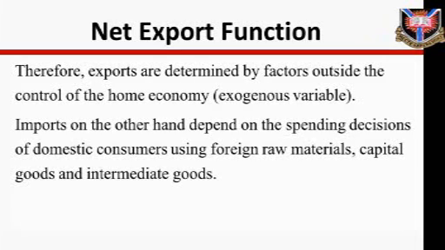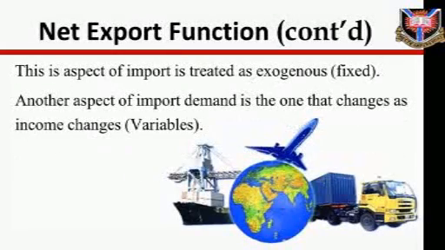Imports, on the other hand, depend on the spending decisions of domestic consumers and of domestic firms using foreign raw materials, capital goods, and intermediate goods. The latter is treated as exogenous because, in most cases, firms know the amount of intermediate goods or capital goods they will need for their production.